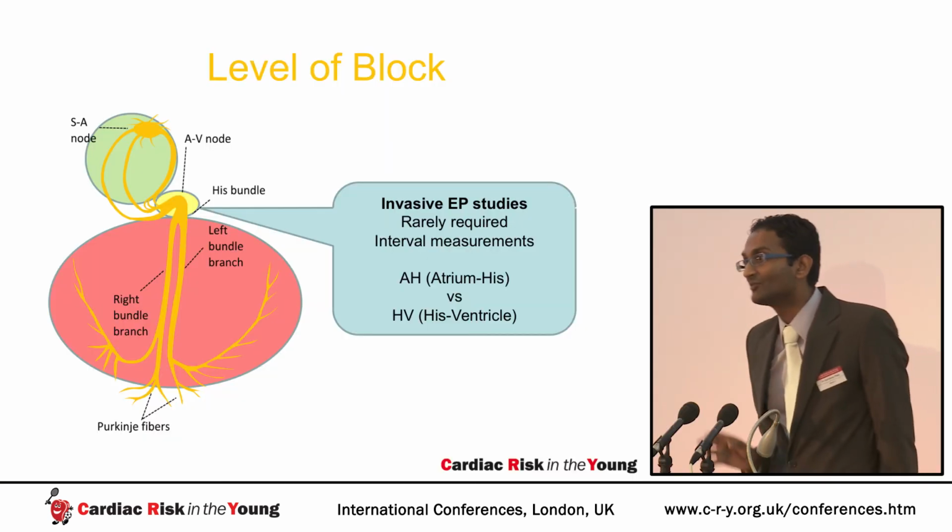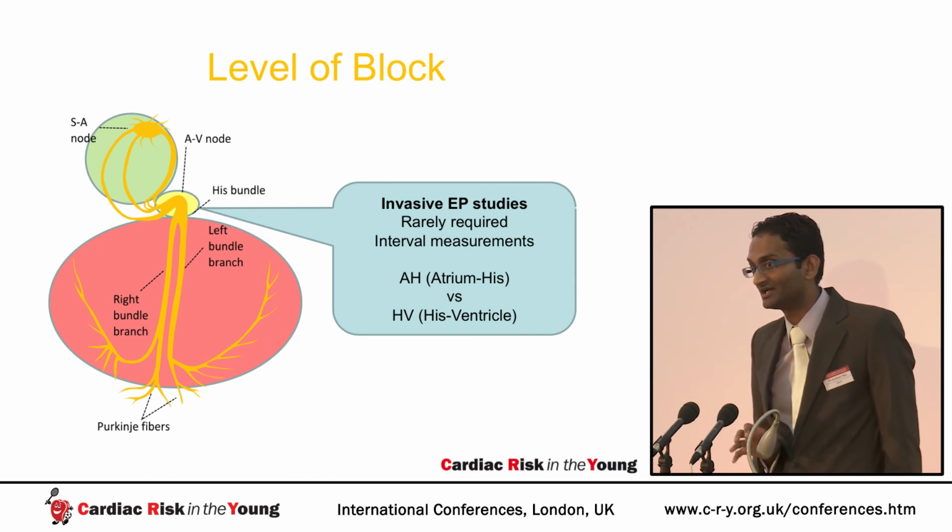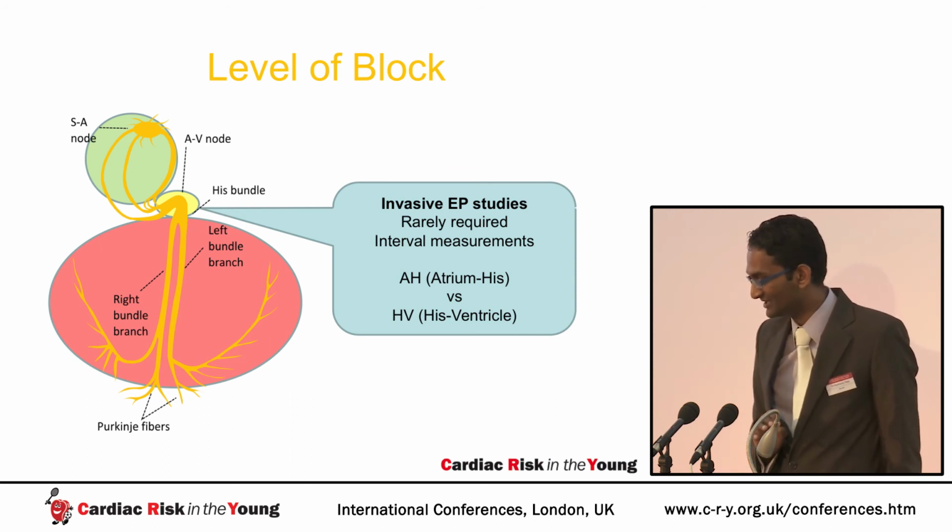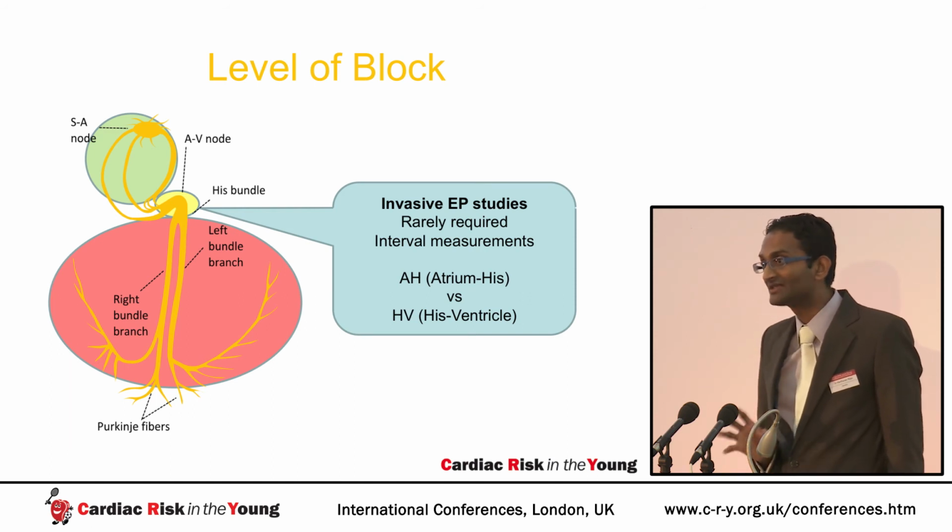I'm coming to the end of my talk here, and I'm just going to summarize a few things. Firstly, when encountering an athlete with bradycardia, the first thing to determine is where the bradycardia is originating from.